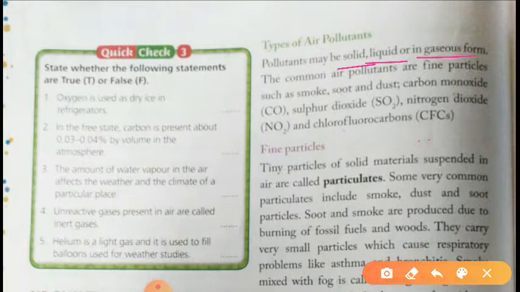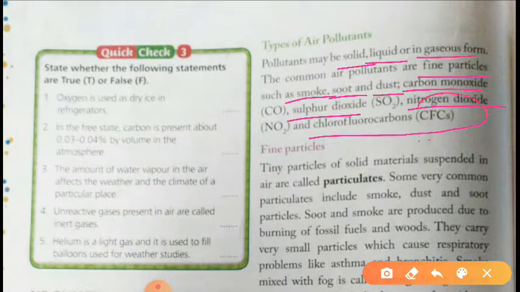But when we talk about air, the common air pollutants found in our atmosphere are fine particles, such as smoke, soot, dust, carbon monoxide, sulfur dioxide, nitrogen dioxide, and chlorofluorocarbons, CFC, okay? These are the common air pollutants found in the air. These air pollutants, one by one we will see.